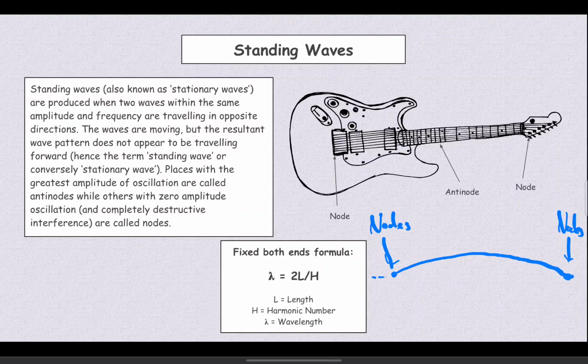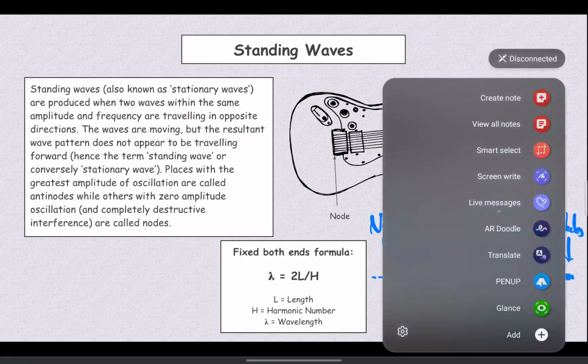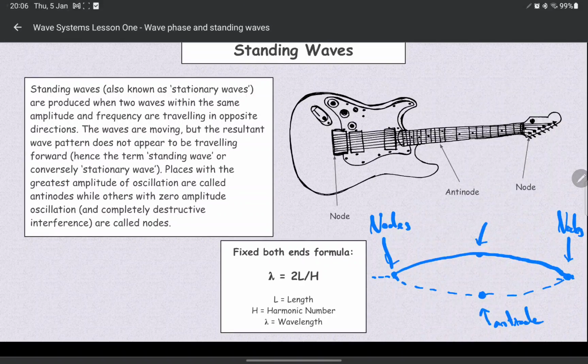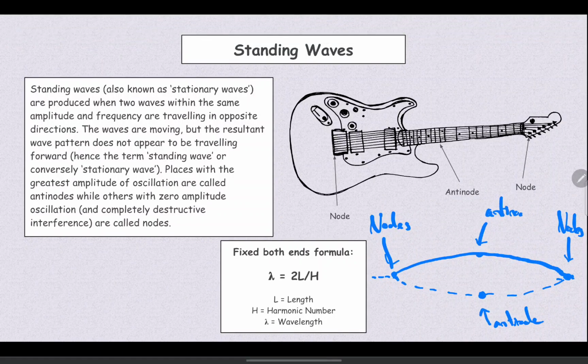If this is the equilibrium position, right through there, these would have zero amplitude. Whereas the point with the highest amplitude, this bit right here, there'd also be a waveform down here. This is the antinode, as these are the places within the stationary wave that have the greatest amplitude.